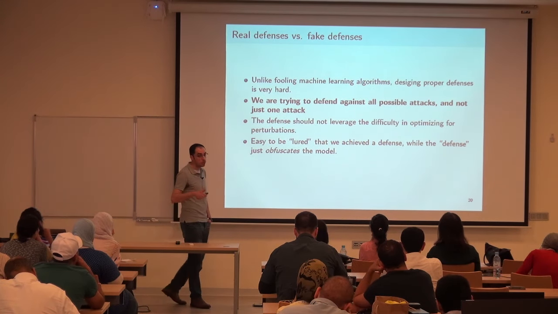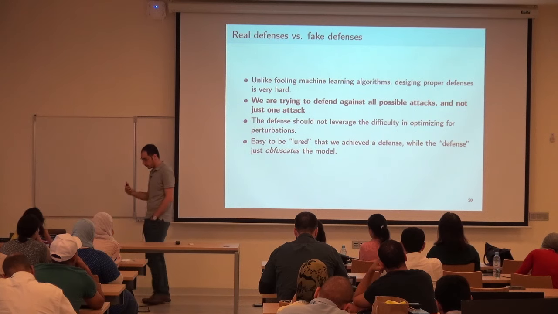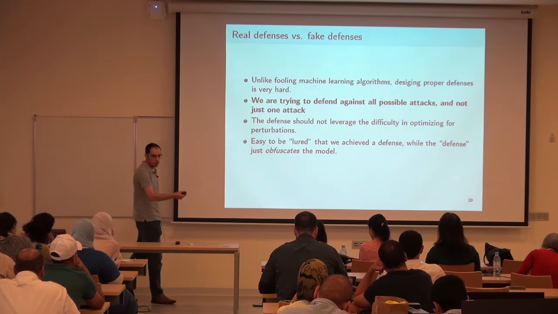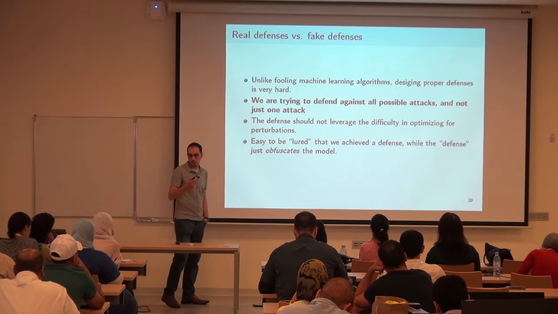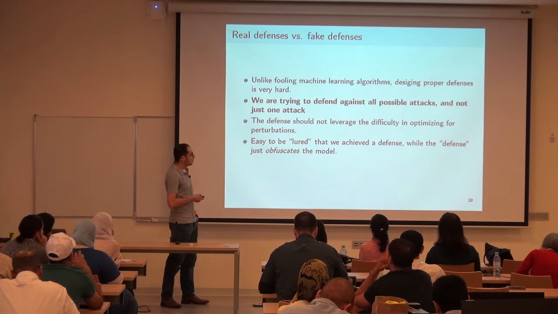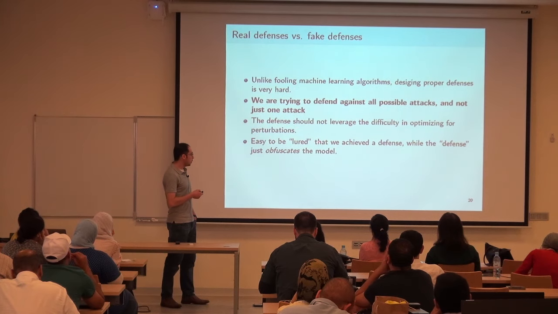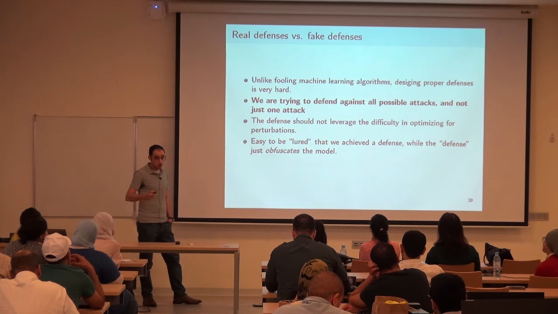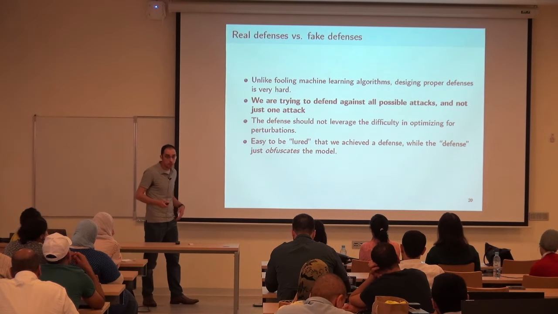Okay, so you don't know beforehand what the attacker is going to add as a perturbation, or what algorithm the attacker is going to use in order to fool your classifier or your agent. So one very important thing when you design a defense is that you should not leverage the difficulty in optimizing the perturbations. Remember that the optimization problem used to find the adversarial perturbation is a difficult optimization problem, so we use some heuristics.